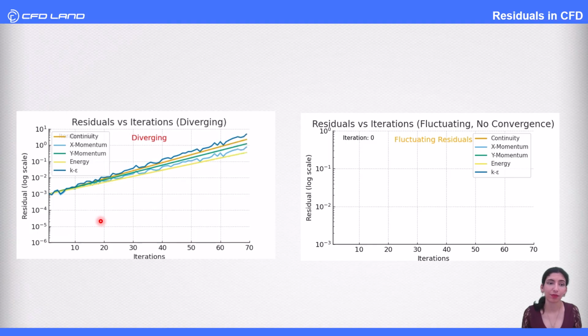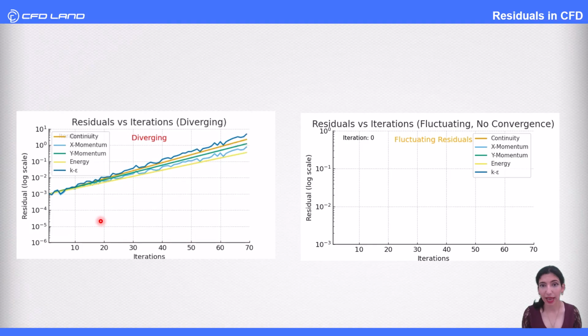As you can see, they diverge. Our iteration as goes forward, our residuals get bigger, bigger, and bigger, which is bad, okay? That's not what we are looking for. And it shows that you need to change, if you're using a commercial software such as Fluent, your setups or your mesh. It could be any reason why your case diverges.